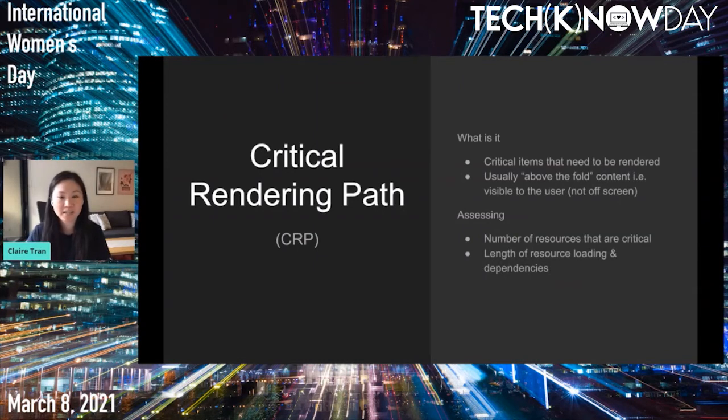And so that means that is now a dependency of that CSS file. And then finally, the size of critical resources. So for example, if we're loading in a really high resolution file or image to a small device, that may not necessarily be efficient. So we may want to look at that.